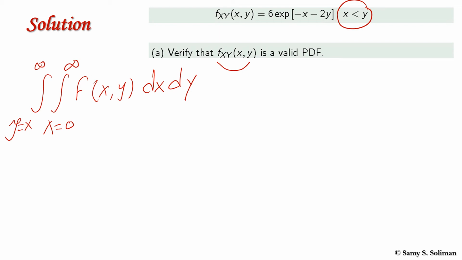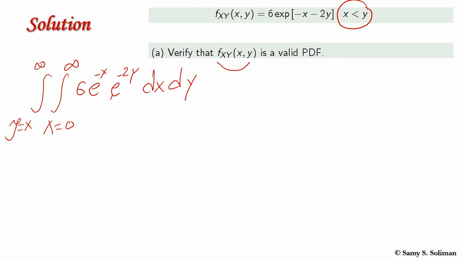We have to be very careful when we write the limits of the integrals because they make a huge difference in the final result of the integral. So again here, since we have a condition that x is less than y, or y is larger than x, then the limits of y are from x to infinity.